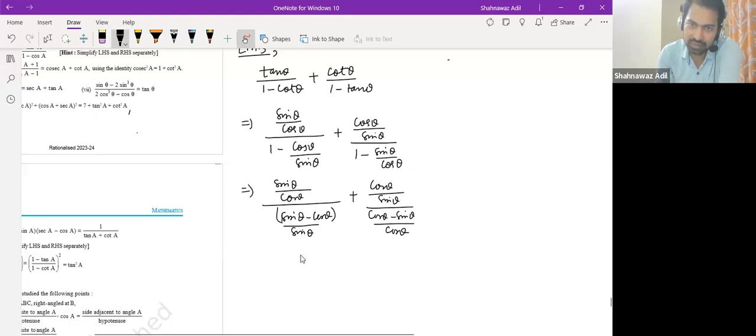We have sine theta by cos theta, and the sine theta goes in the upper part, so this will become sine square theta, and then we have cos theta and sine theta minus cos theta.